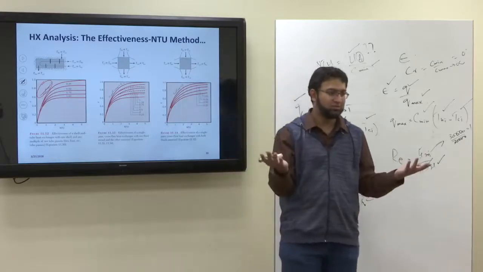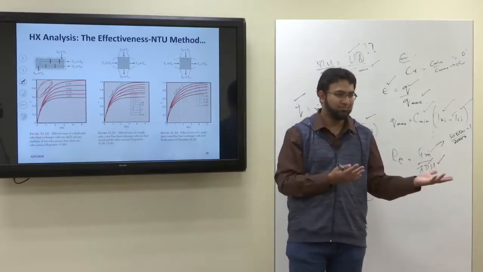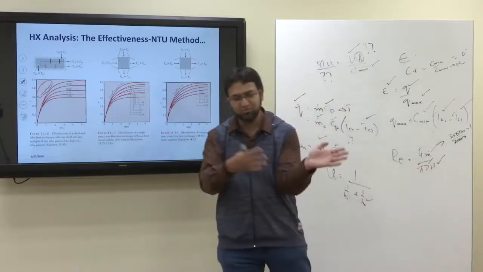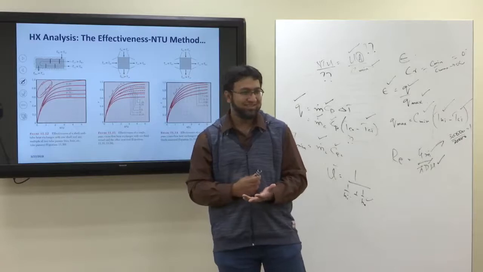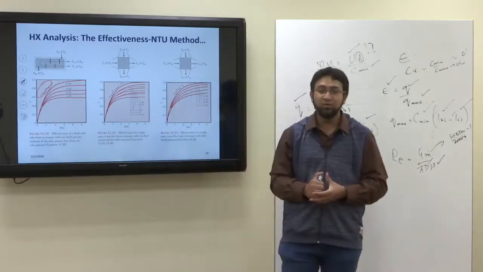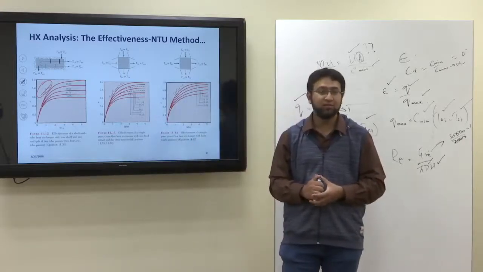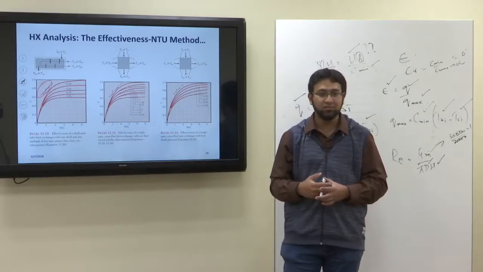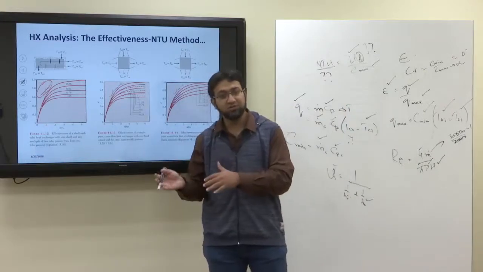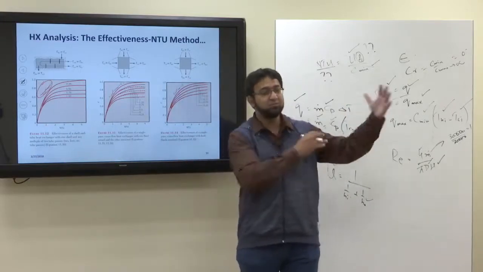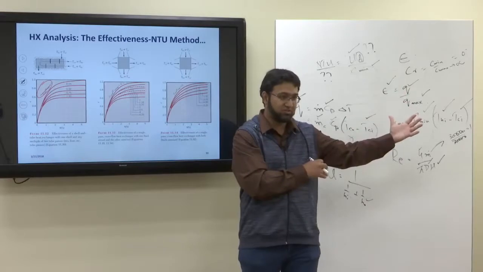Output and input are heat, and the amount of heat out equals the amount of heat in. So efficiency is always 100%? Then sometimes we do not define efficiency, we define effectiveness. Effectiveness is a relative term: how well the heat exchanger is performing compared to the maximum possible performance of the heat exchanger.